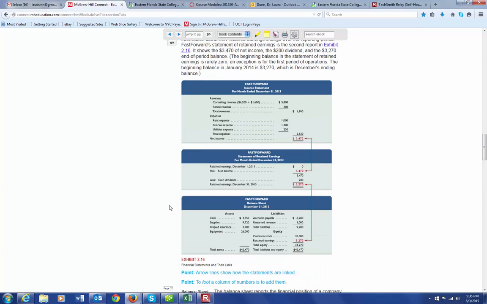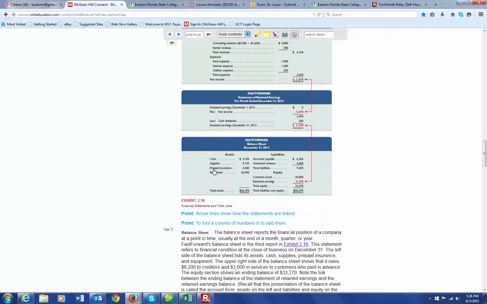So if you come back down to your balance sheet, you've got all your assets here. You have your two liabilities here. You have common stock, but remember, equity is now increased by the retained earnings at the end of the period. The retained earnings has already taken into account the net income for the period and the cash dividends for the period. So this is the only figure you need down here.